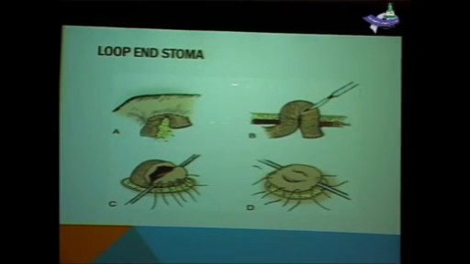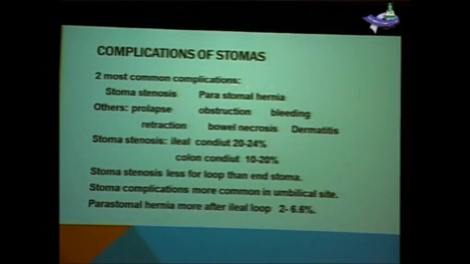Loop end, especially we use it in the ureter, where you take part of the loop of the ureter and you incise it from here and you attach it to the skin. That is the loop stoma.